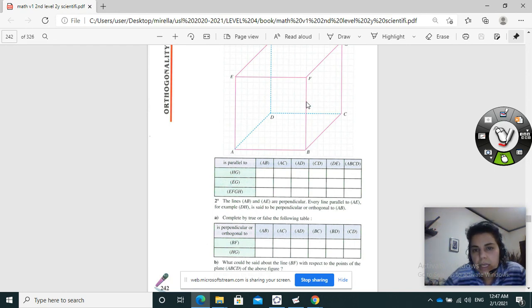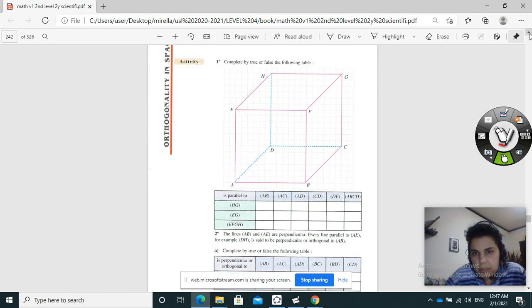Instead of BF I can put CG. So if I move BF, it's the same as CG, and CG and AC are perpendicular. But I will say about BF and AC: BF, CG and AC make a 90 degree angle because of the diagonal. So they are orthogonal. BF and AC are orthogonal.